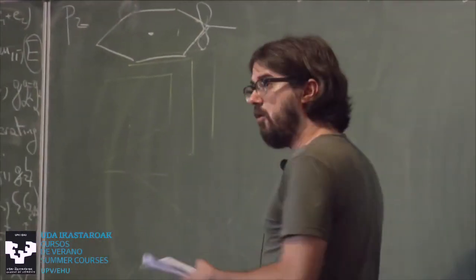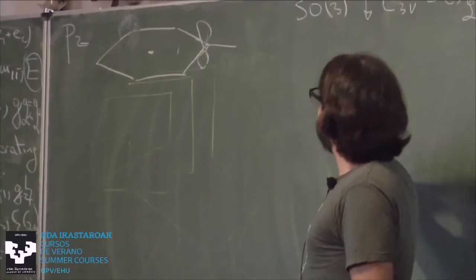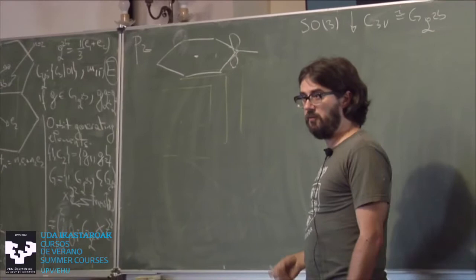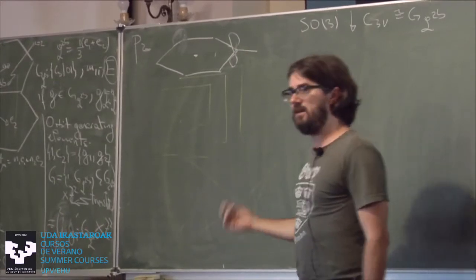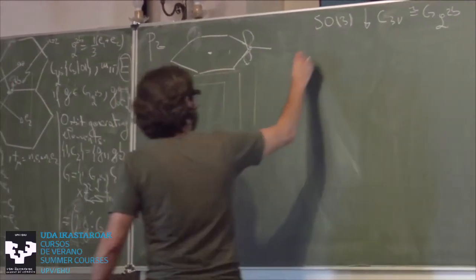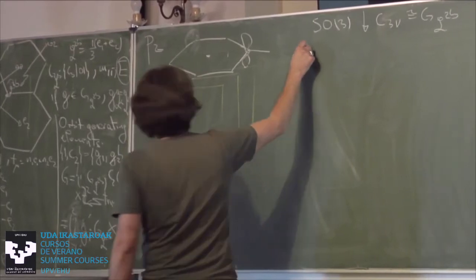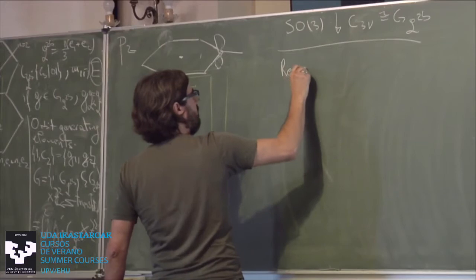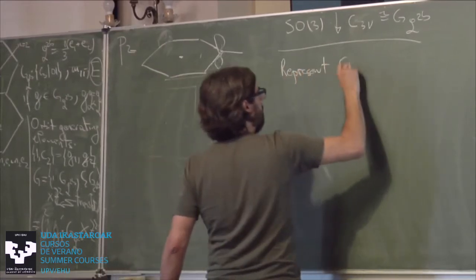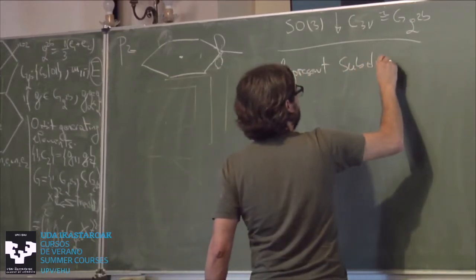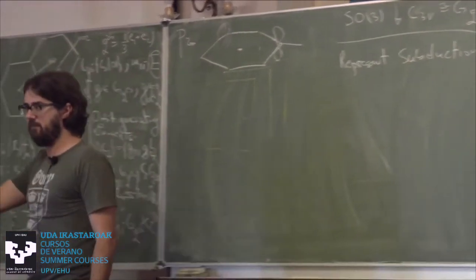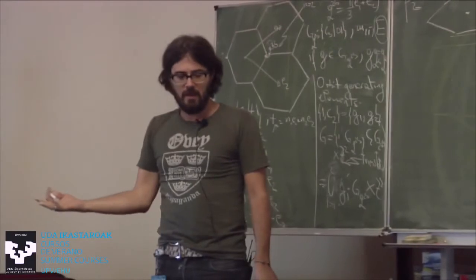Okay, so I claim that it's very easy to understand what happens with pz orbitals here for both spinless and spinful. And this is a technique known as representation subduction. We'll use representation induction very soon, but representation subduction tells you that basically you can look at a subgroup of a high symmetry group.